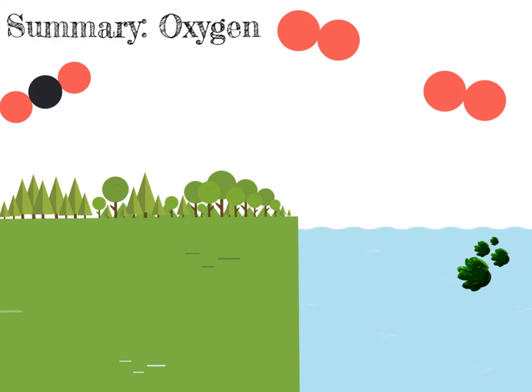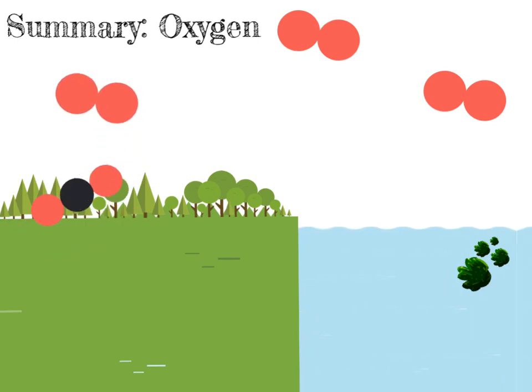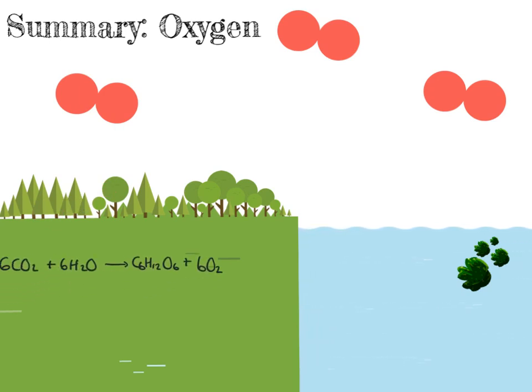A little later on, after they had started to evolve, plants also absorbed carbon dioxide and released oxygen gas through photosynthesis. Again, you need to make sure that you know the equation for photosynthesis: carbon dioxide plus water, making glucose and oxygen.